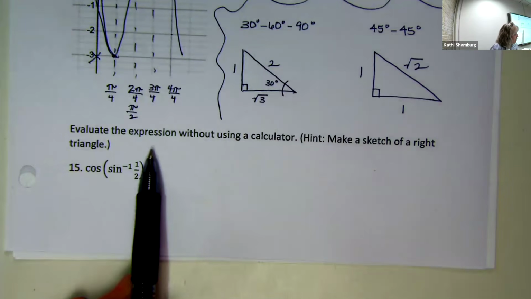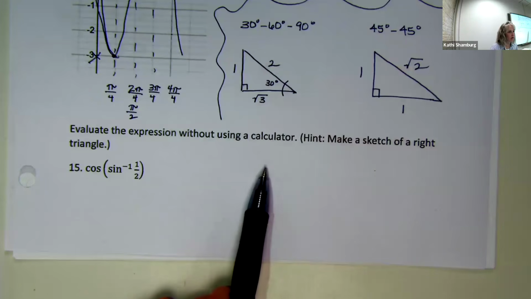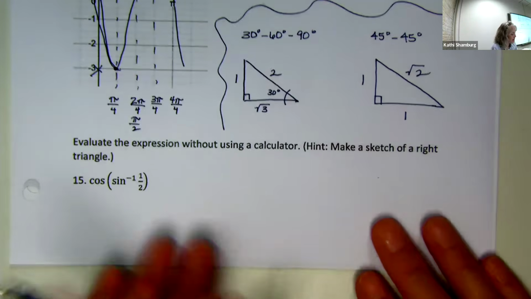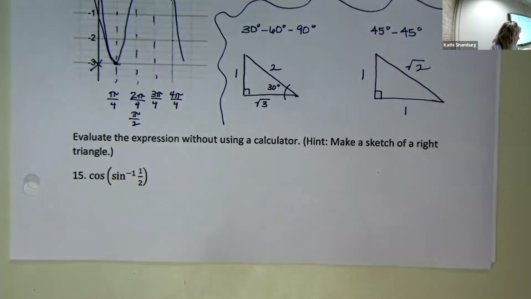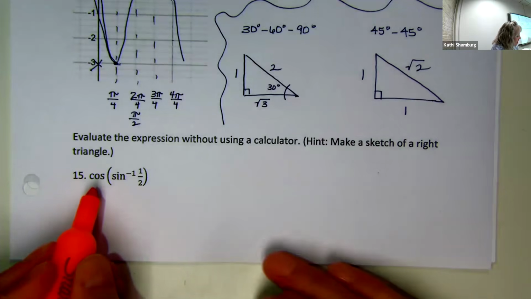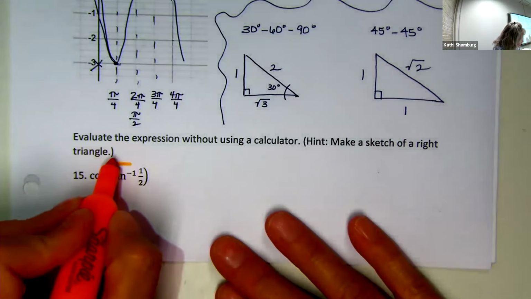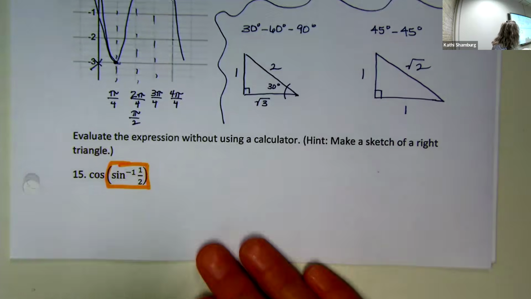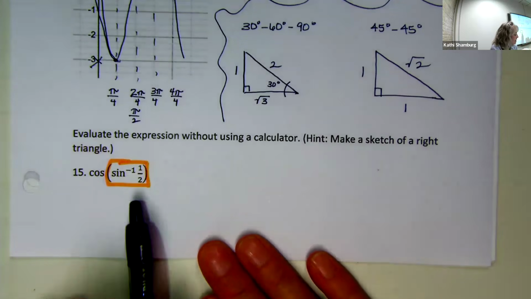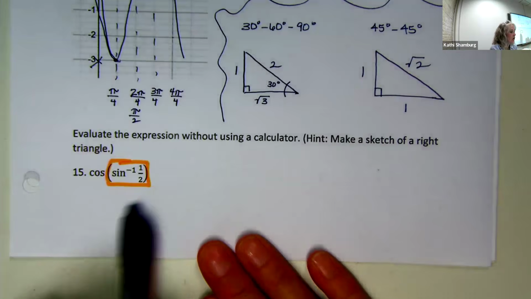So evaluate the expression without using a calculator. Hint, make a sketch of a right triangle if you need to. Okay, so let's notice it's the cosine of sine inverse of 1/2. So let's review what this represents. That is some degree of an angle.